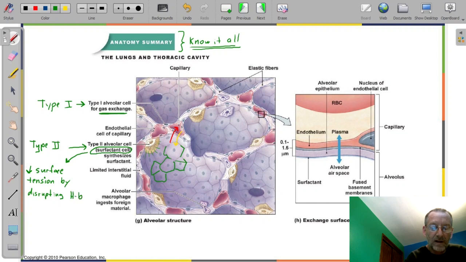H bonds of water. That's necessary for the lungs to stay inflated. One of the problems with premature babies, if they're born very premature, their lungs have not had a chance to develop, and they're not producing the surfactant.